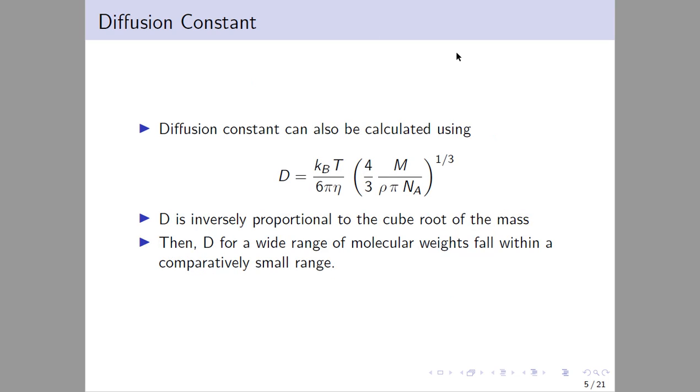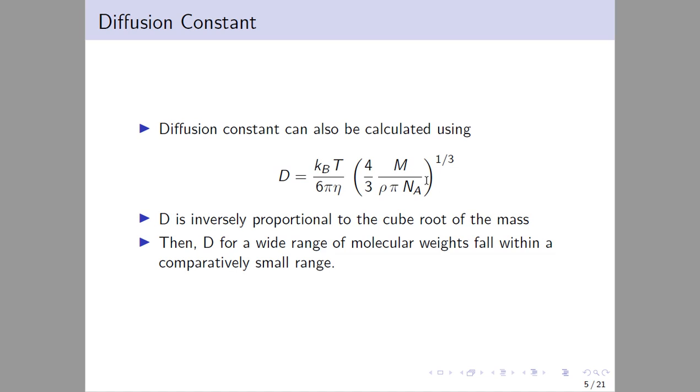The diffusion constant can also be calculated using this equation: D equals kBT over 6 pi eta times the cube root of 3M over 4 rho pi Na, where M is the molecular weight of the molecule, rho is the density of the molecule, and Na is the Avogadro number.